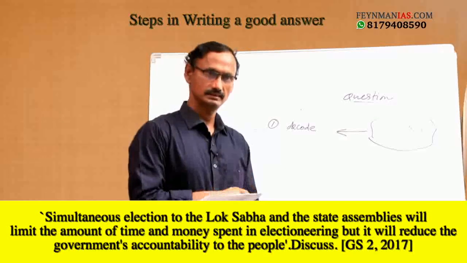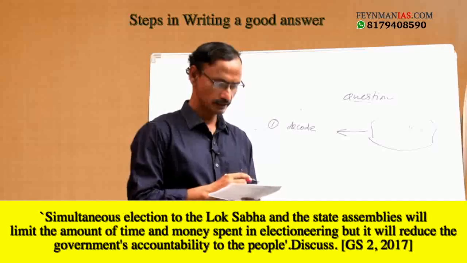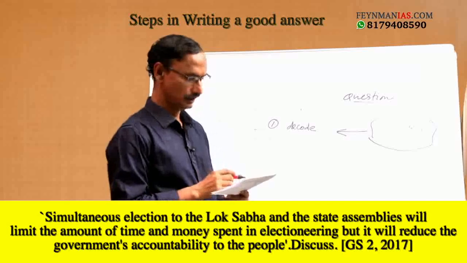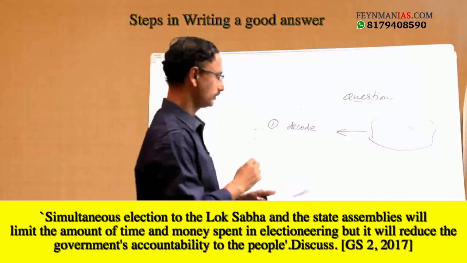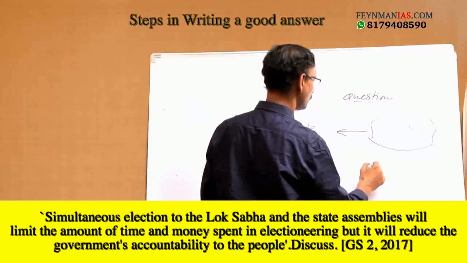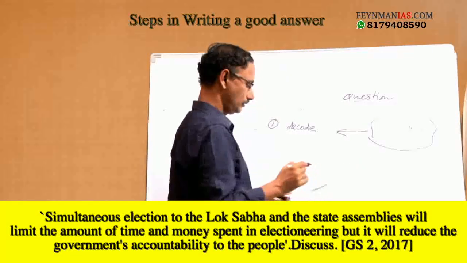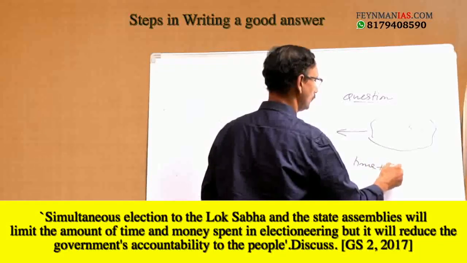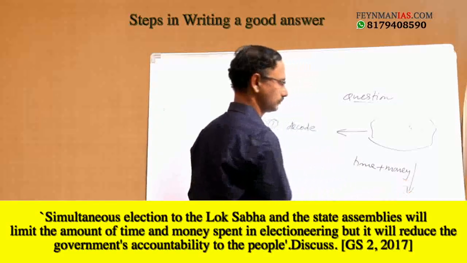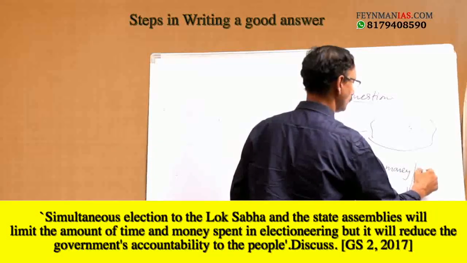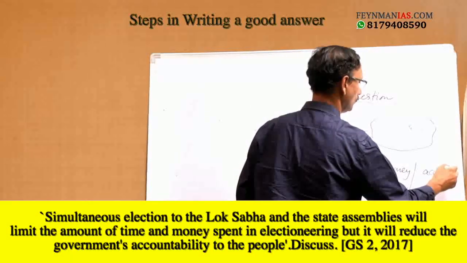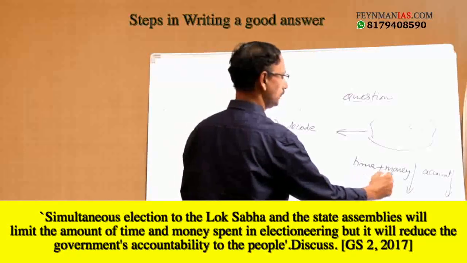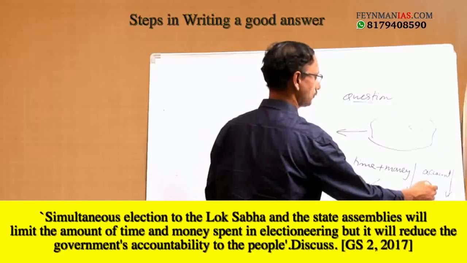Get the essence. In this question, simultaneous elections to the assemblies will limit the amount of time and money spent in electioneering, but it will reduce government's accountability. Basically saying, though time and money less, less time and money is good, but there is a problem.